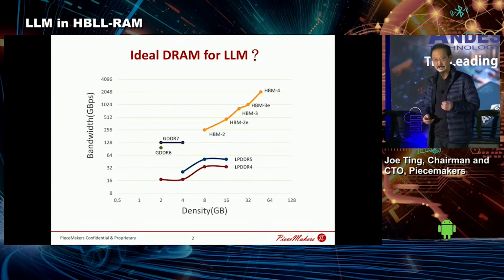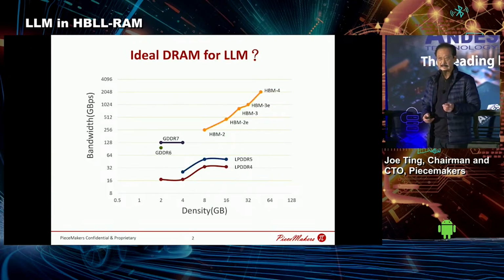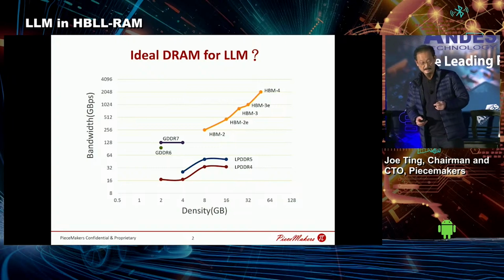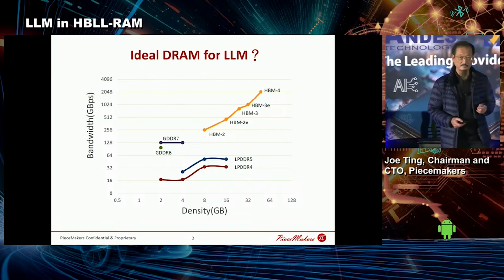Now, this is the landscape of the current DRAM families: the low-power DDR, GDDR, and HBM.